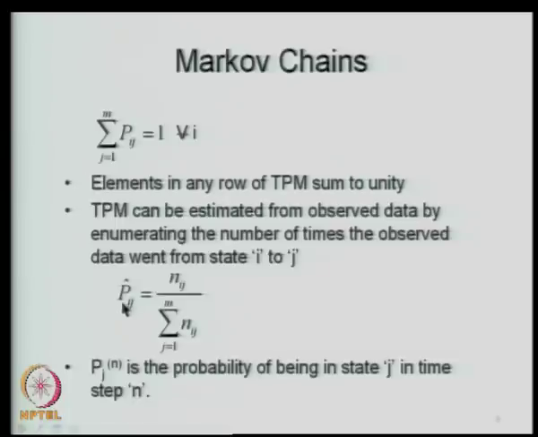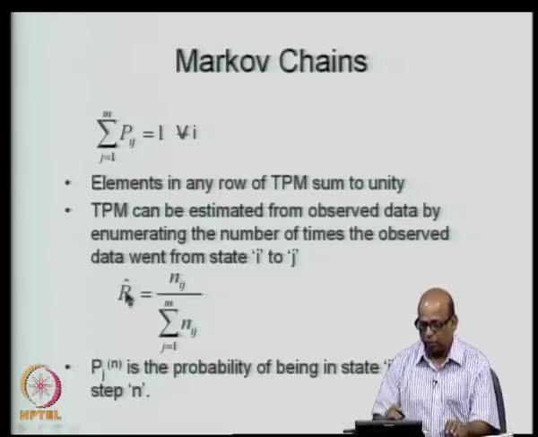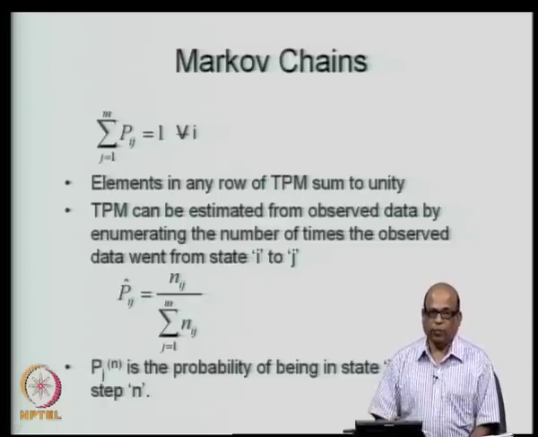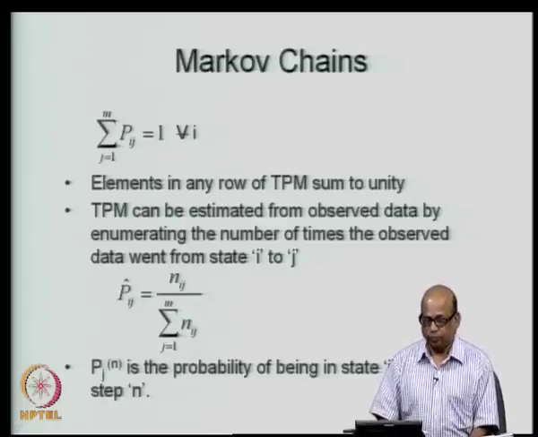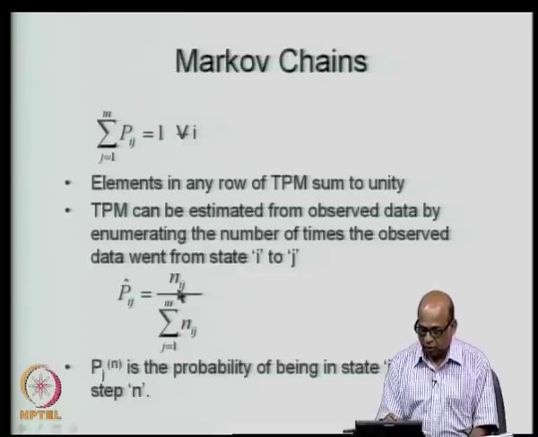So, this is written here as the estimate of the transition probability P i j. I am removing t here because we are assuming that the transition probabilities remain the same across all the time, is equal to n i j. That means, starting with class interval i in time period t, it went into class interval j.